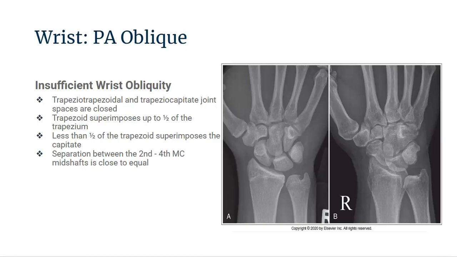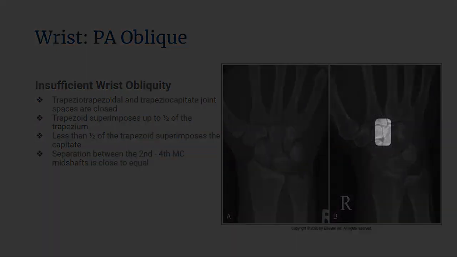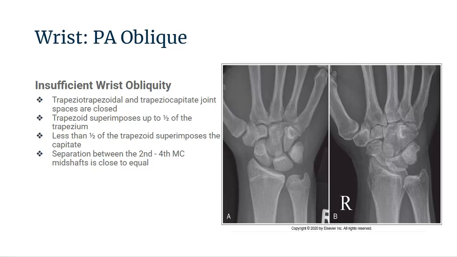In this case, the trapezio-capitate joint may remain open and the trapezio-trapezoidal joint space will remain closed, with the posterior trapezoid overlapping the trapezium. Additionally, you may still see some midshaft overlapping of the third through fourth or fifth metacarpals, which should be demonstrated, but yet we are not actually demonstrating those structures that are required for the PA oblique, such as the trapezoid and the trapezium demonstrated without superimposition, thus opening that joint space.